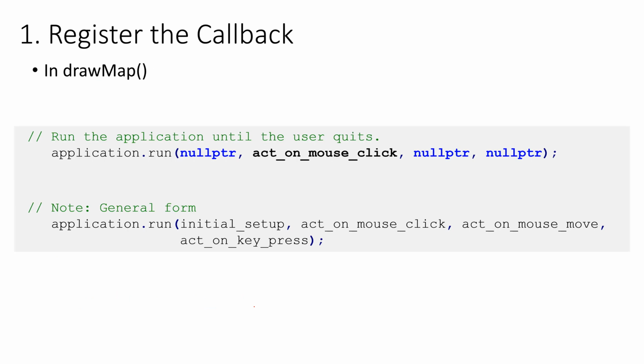Okay, so we've already hooked up the callback, right? In the EasyGL documentation, it says the second function parameter is the one that gets called when the mouse is clicked. In general, the four callbacks are this.